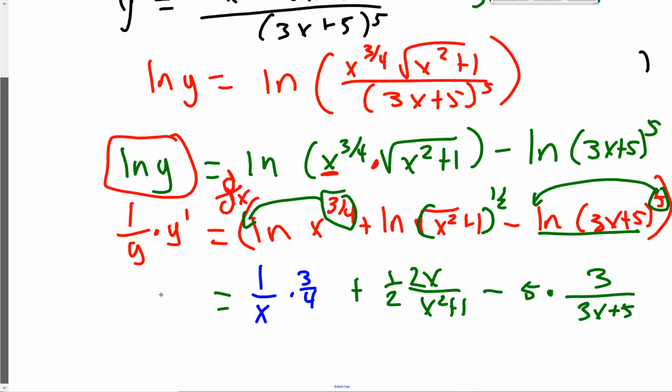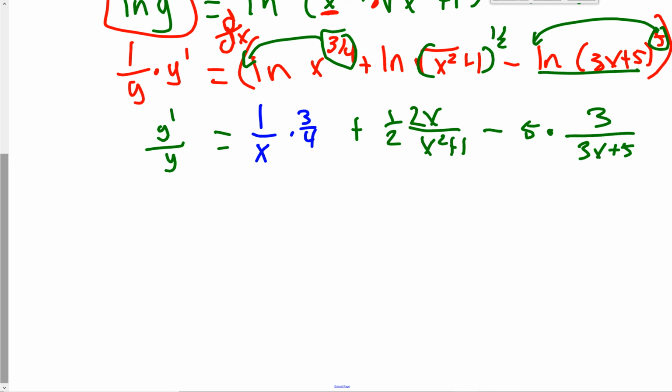Okay, so then we can simplify all this, because this all equals y prime over y. And I'm just solving for y prime, right? So I'm going to simplify all this stuff and multiply both sides by y. So I'm going to multiply this whole thing by y and simplify. So y is on the outside.